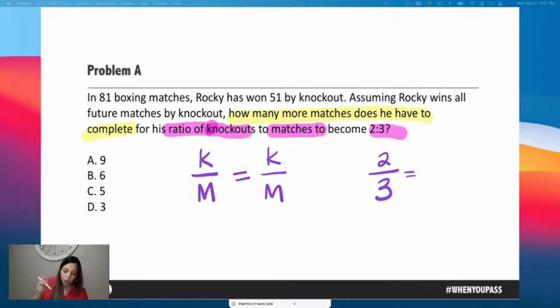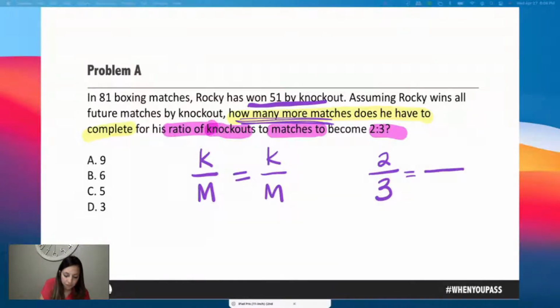He's already won 51 matches out of 81, and we're trying to figure out how many more he needs to complete to have that 2-3 ratio.